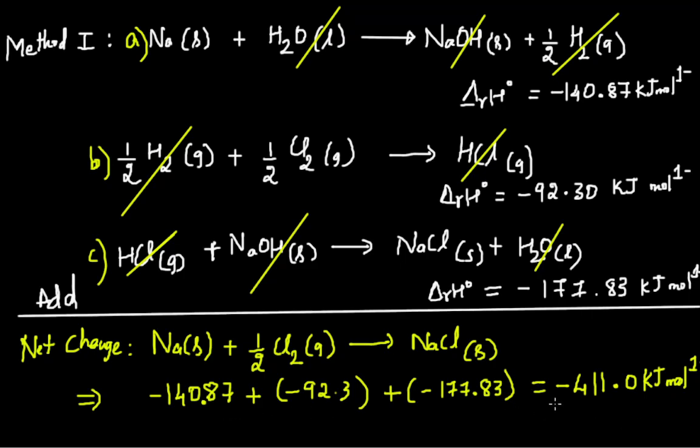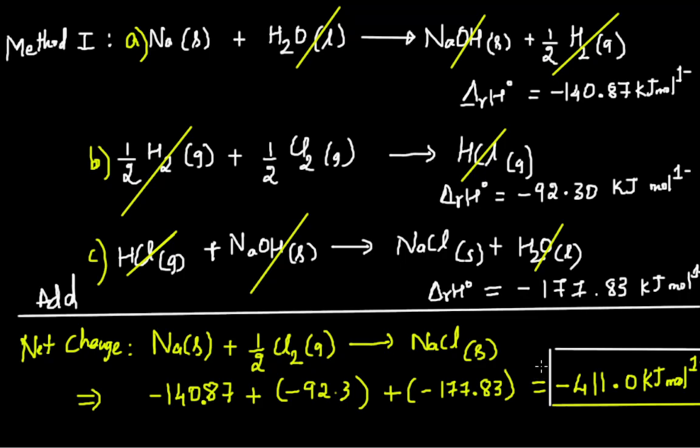Just note down this value, very important, because we'll do the same synthesis of sodium chloride by another method and end up with the same value. That's the whole point of Hess's law of constant heat summation: you go through any path, the heat involved or evolved will be the same, because enthalpy is a state function.